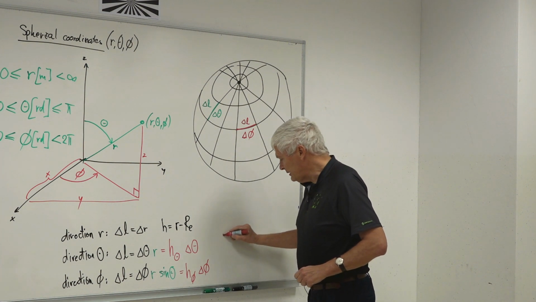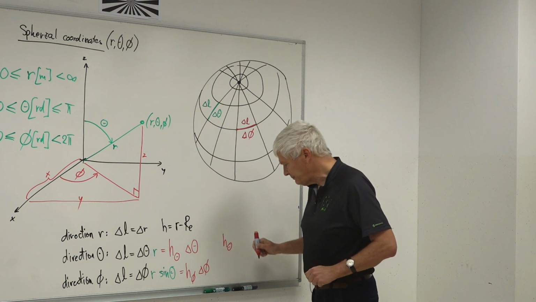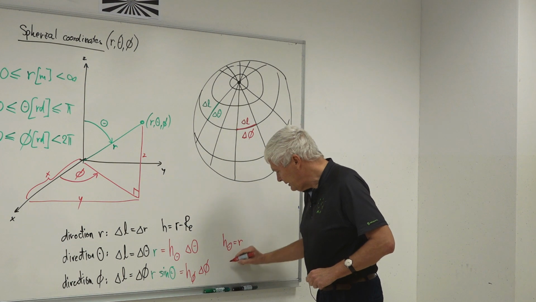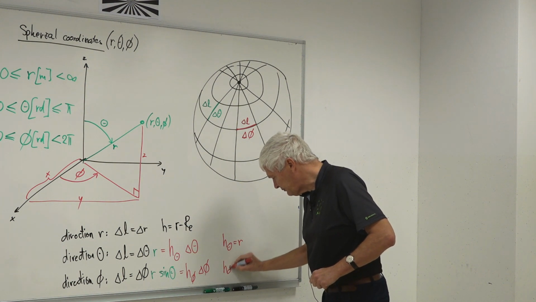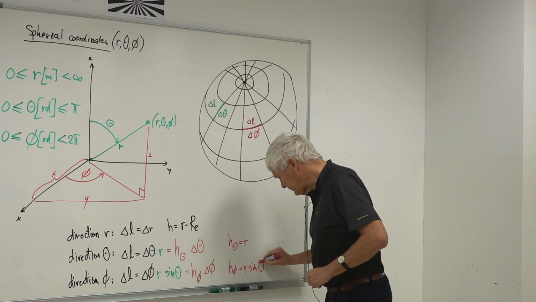I can also say that the scale factor for polar distance is just r, and the scale factor, the Lamé coefficient for the longitude, is r times sine theta.